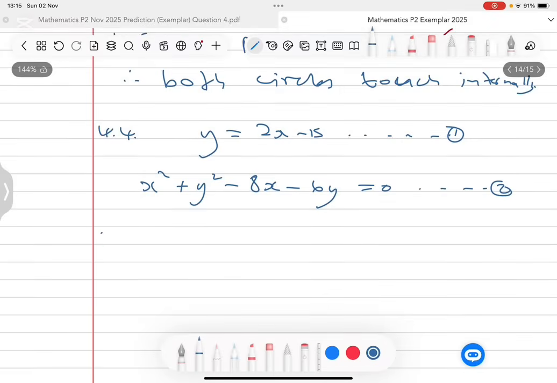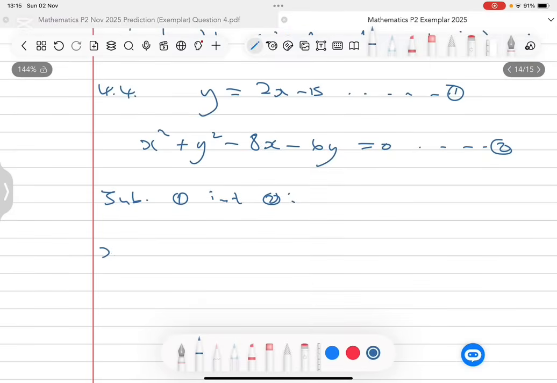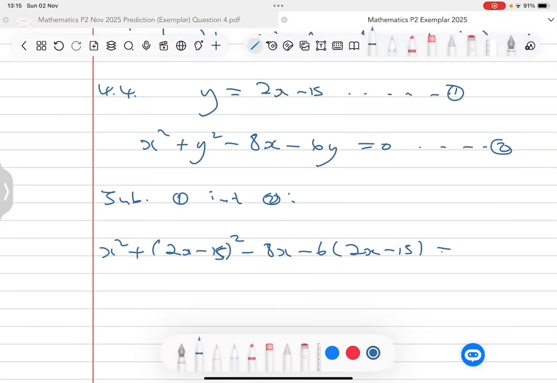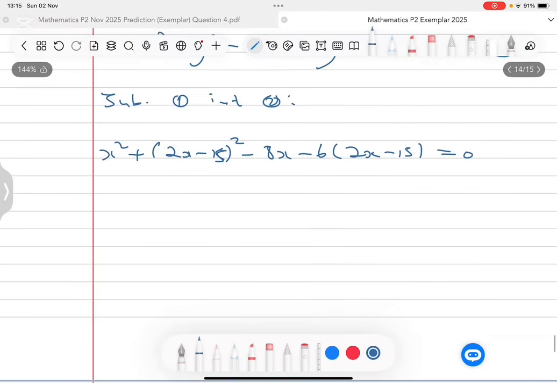Now what I'm going to do then, I'm going to say substitute equation 1 into equation 2, so that now I'm going to have x squared plus (2x minus 15) squared minus 8x minus 6(2x minus 15) is equal to 0. And from here, this question becomes very, very boring, because it's just a simplification process now.